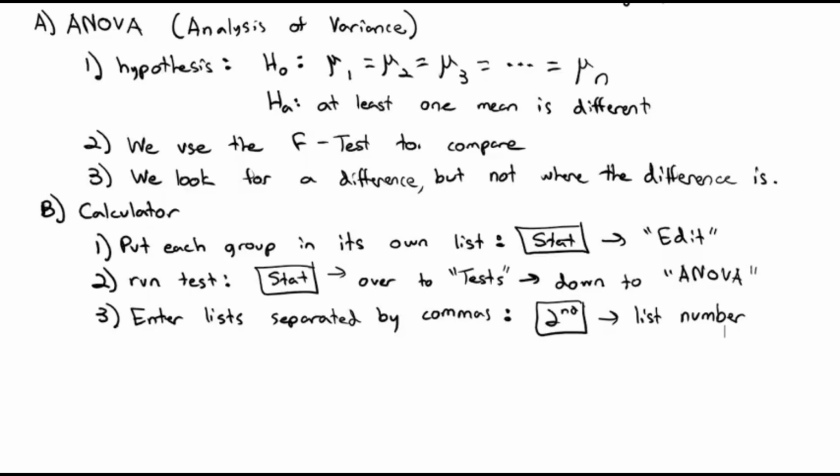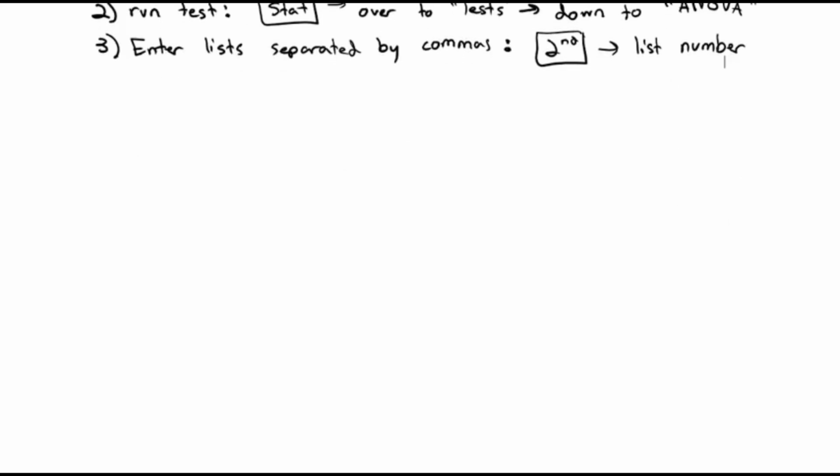Let's go ahead and move to our example. This time, in this context, we're going to compare 3 groups and see if they have the same mean or different means.